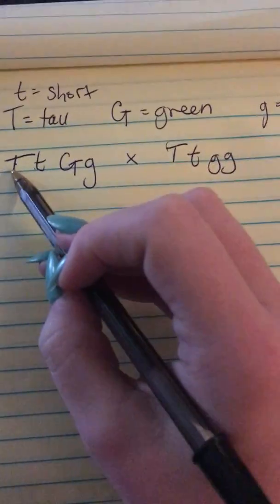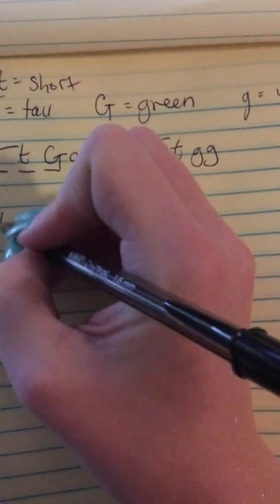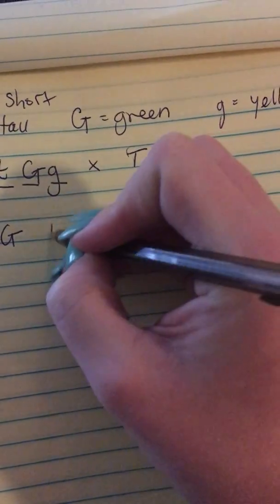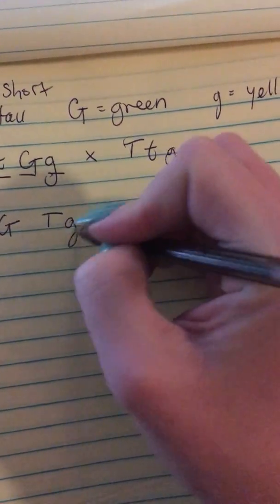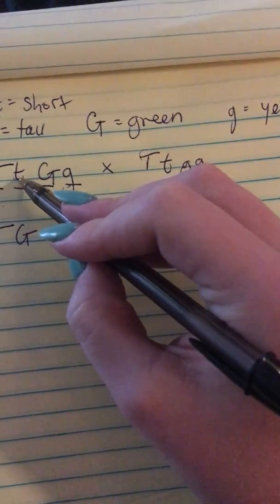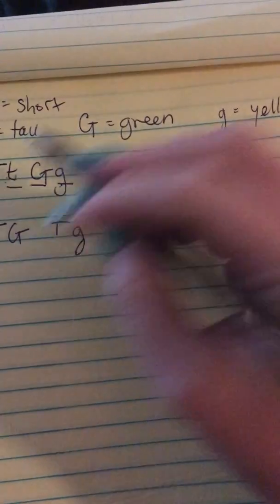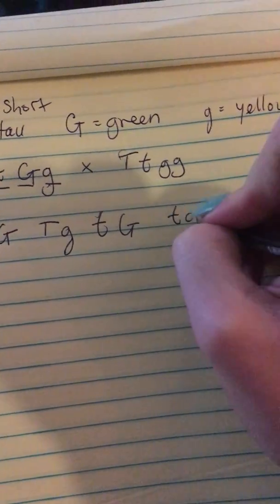The first step here is going to be to identify the possible gametes. So for parent 1, they could give the big T with the big G. They could give the big T with the little g. They could give the little t with the big G, and they could give the little t with the little g.